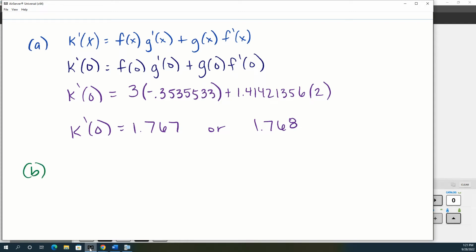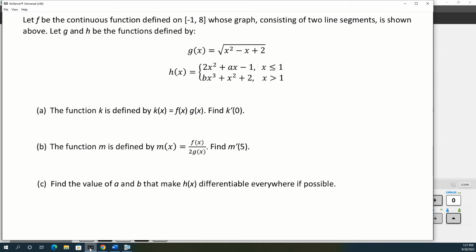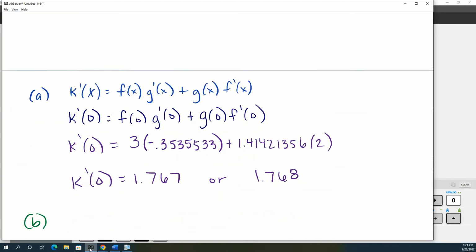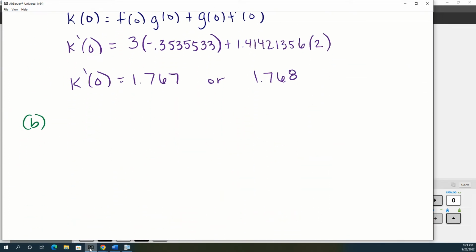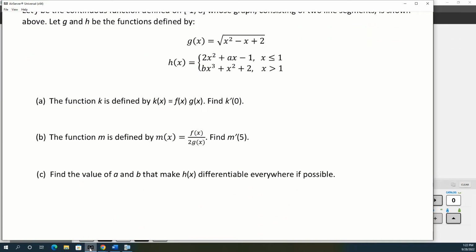All right, and then for B, the question is we have a new function m, and it's found by f of x over 2g of x, and we want to find m prime of 5. So I would start off and just do m prime of x. Now this one is a little tricky because you have that 2 on the bottom.